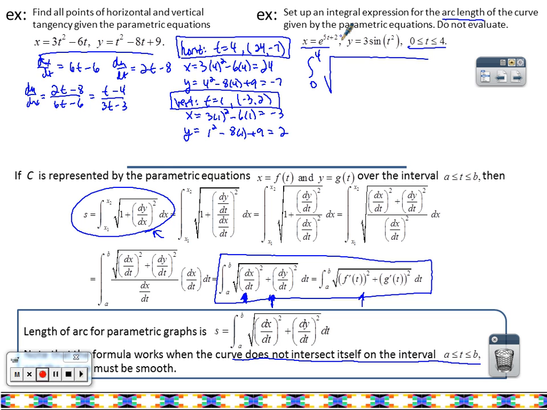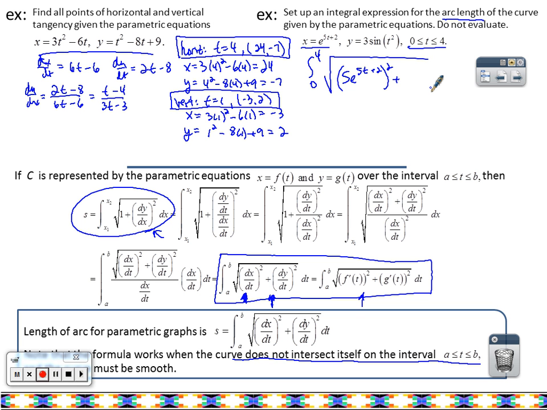Derivative of 5t plus 2 is 5. So we'd have 5e^(5t+2), and we're going to show that squared. I don't recommend simplifying it. I would put it in my calculator just like that, for fear I might simplify it incorrectly.